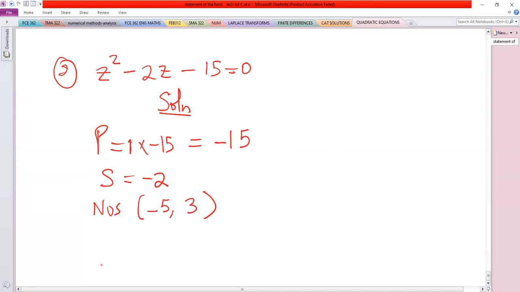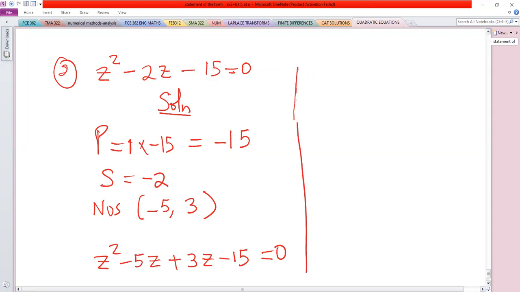So this quadratic will be z squared minus 5z plus 3z minus 15 equals to 0. So which will give us z into z minus 5 plus 3 into z minus 5 equals to 0.